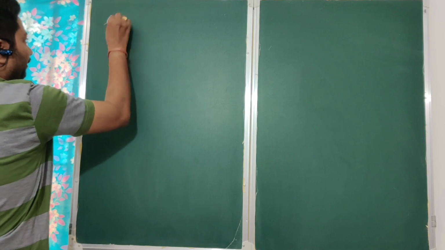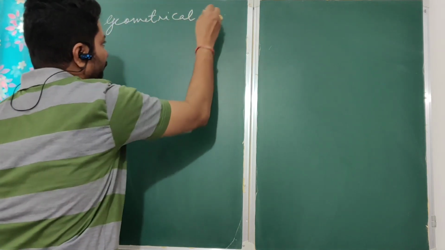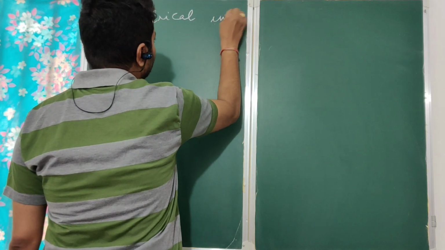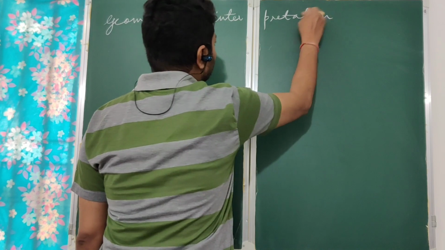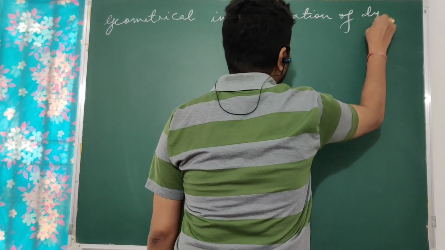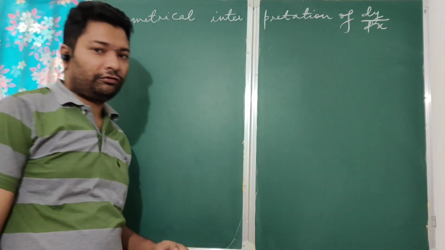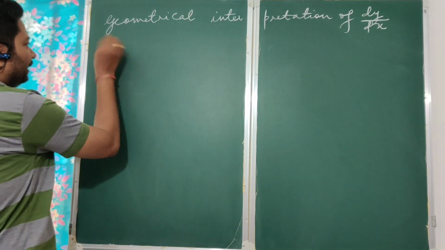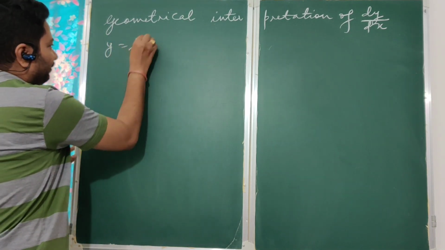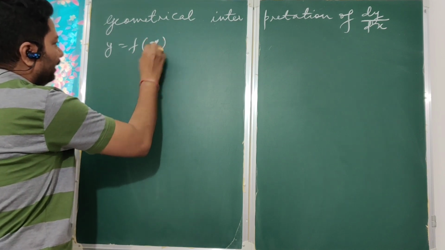So we'll see the geometrical interpretation of dy by dx. So what is the geometrical interpretation of dy by dx? Let's take a function y is equal to f(x). It can be any function where y is varying with x.